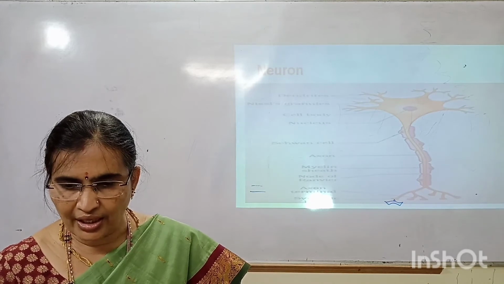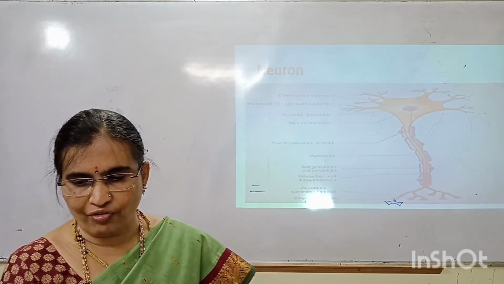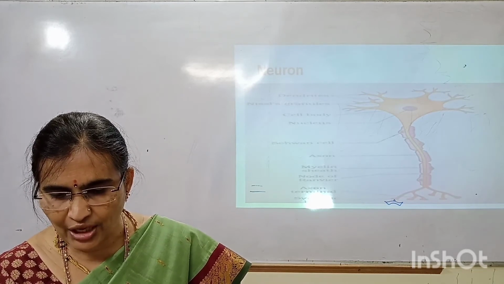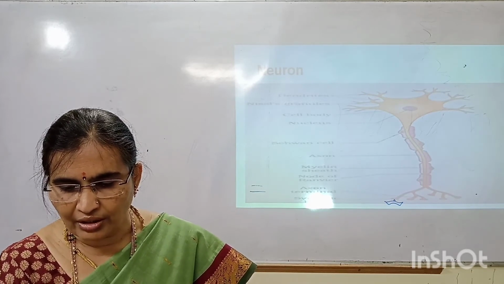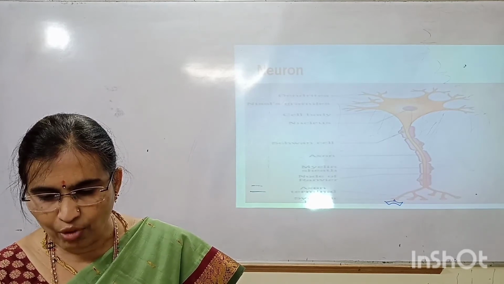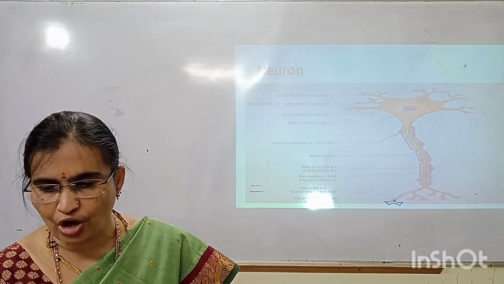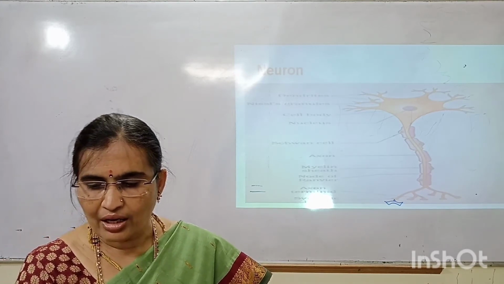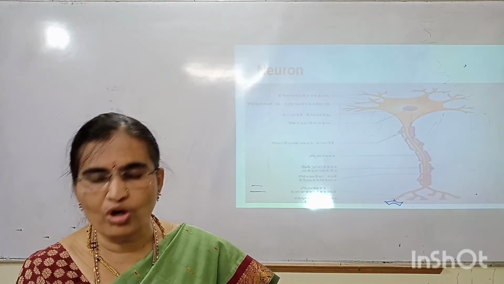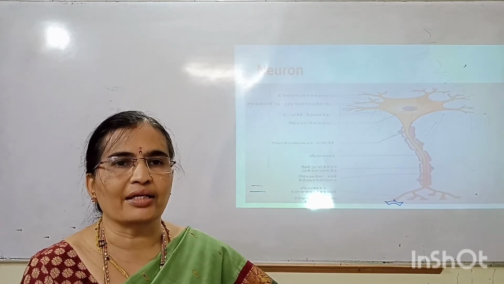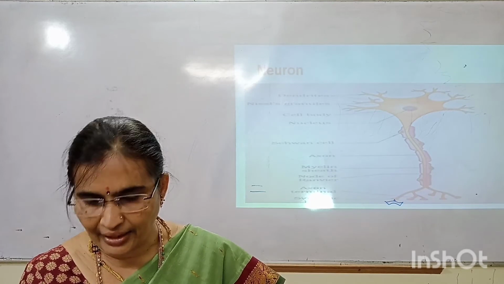Then next, muscular dystrophy. That is progressive degeneration of skeletal muscles, mostly due to a genetic disorder. Then next, one more disorder, tetany.